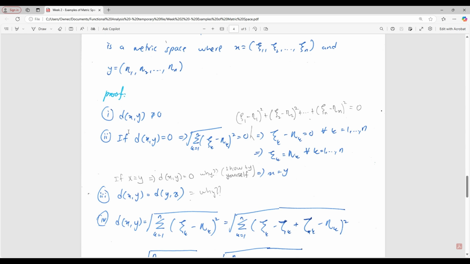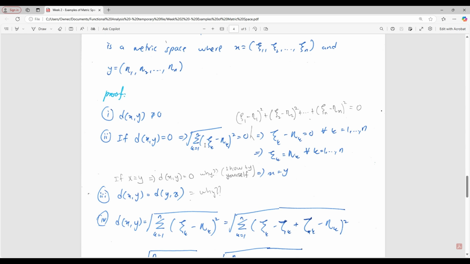The first one I think is quite obvious, and the second one we are going to start with, or we are going to assume, the matrix of x and y equal to 0. So from here we are going to get the square root of the summation equal to 0.